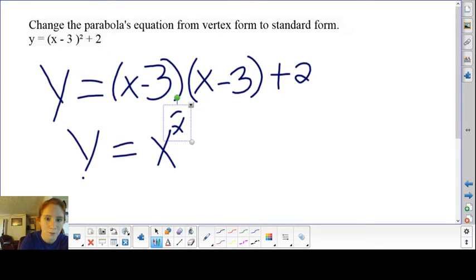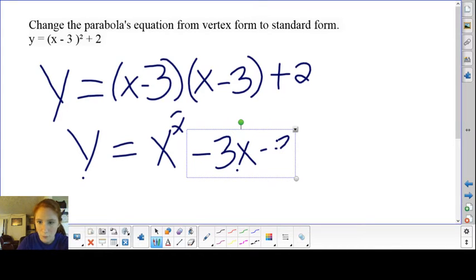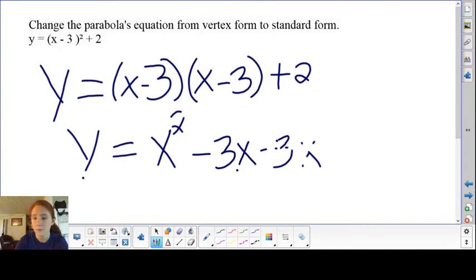Minus 3x, minus 3x, plus 9, plus 2. So I'm just simply FOILing.